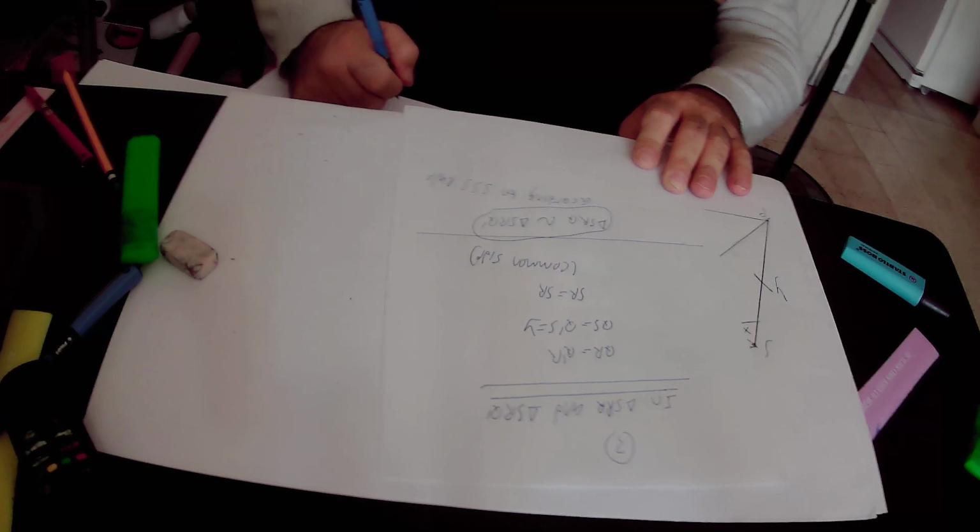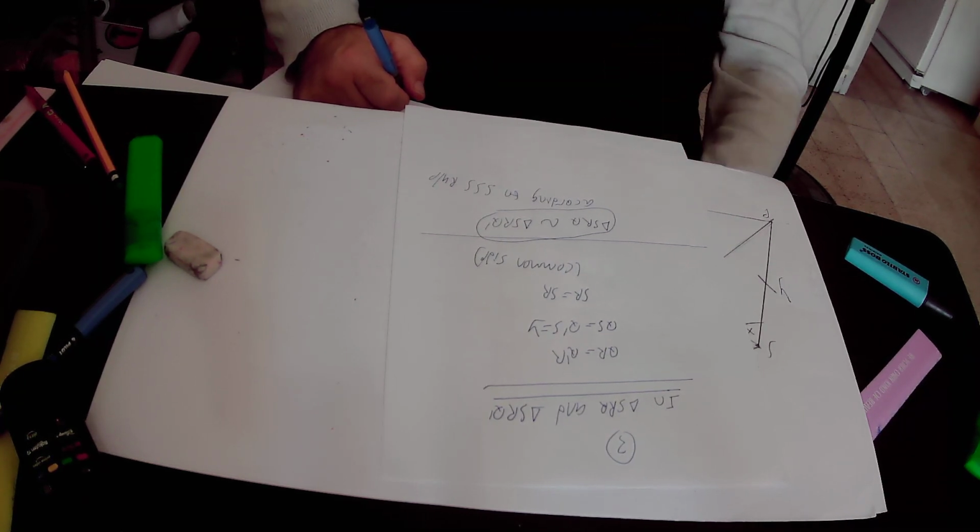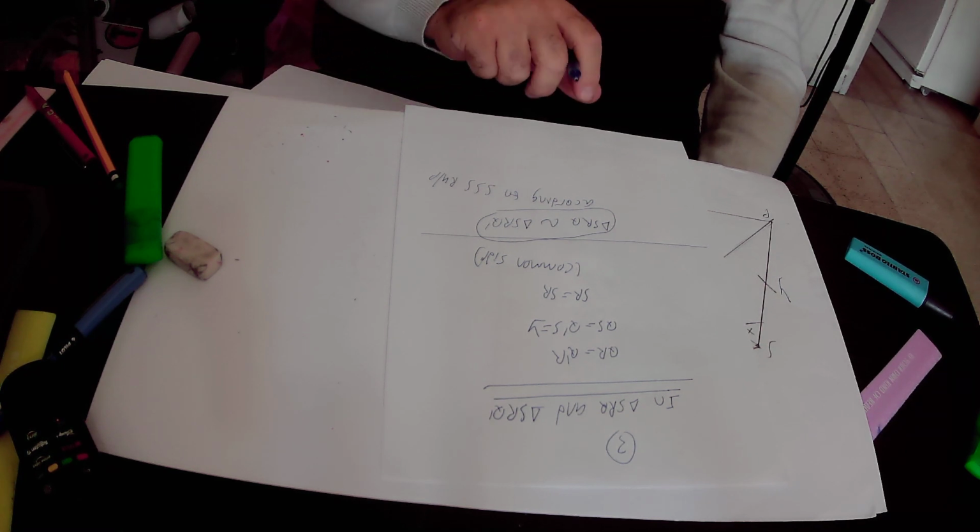So what is the side rule? The side rule is if you prove that three sides of one triangle are correspondingly equal to three sides of another triangle, then you actually prove that those two triangles are congruent according to the side rule.